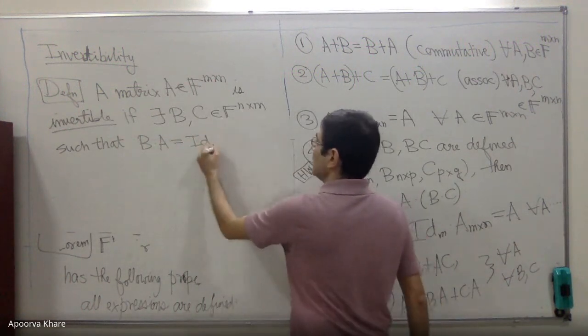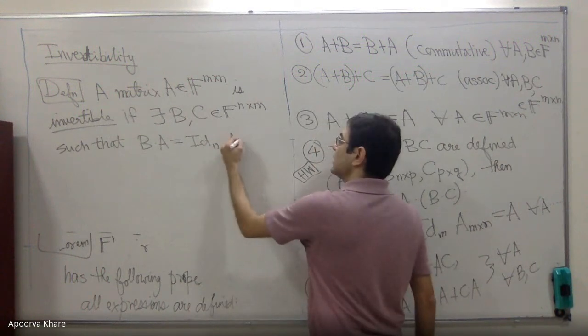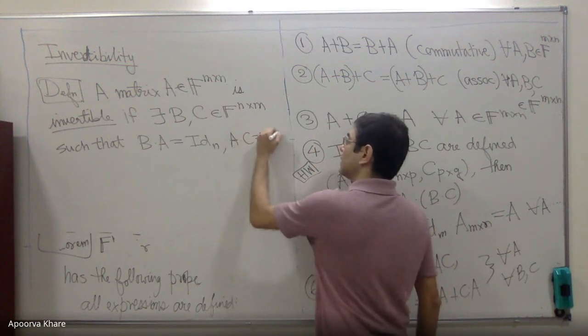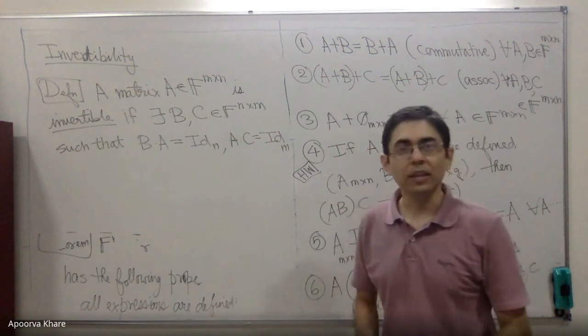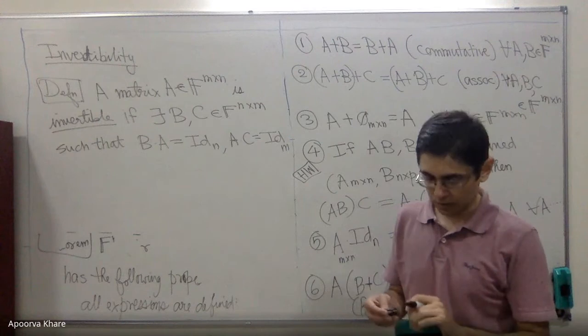It's N cross N. And A times C is the identity matrix of what order? M cross M. That is the definition of an invertible matrix for us in this course.